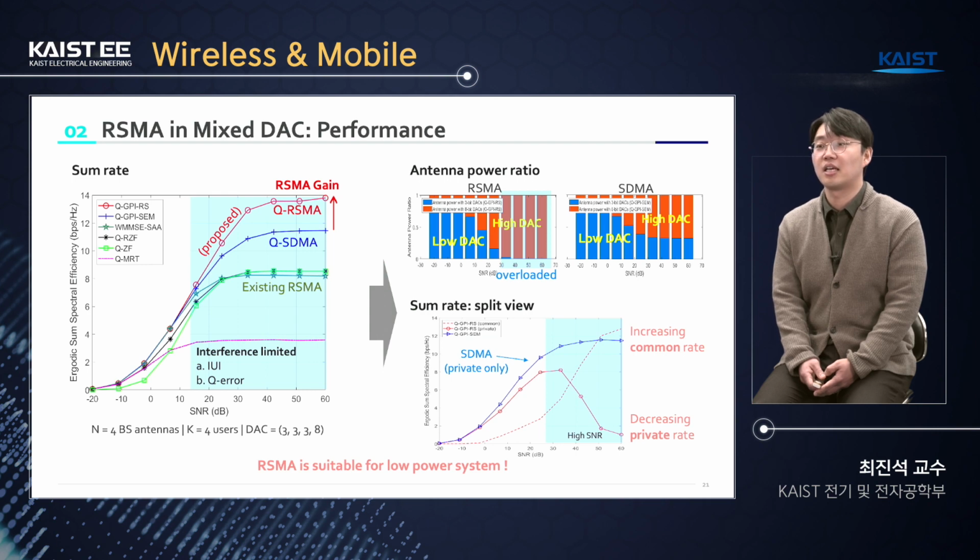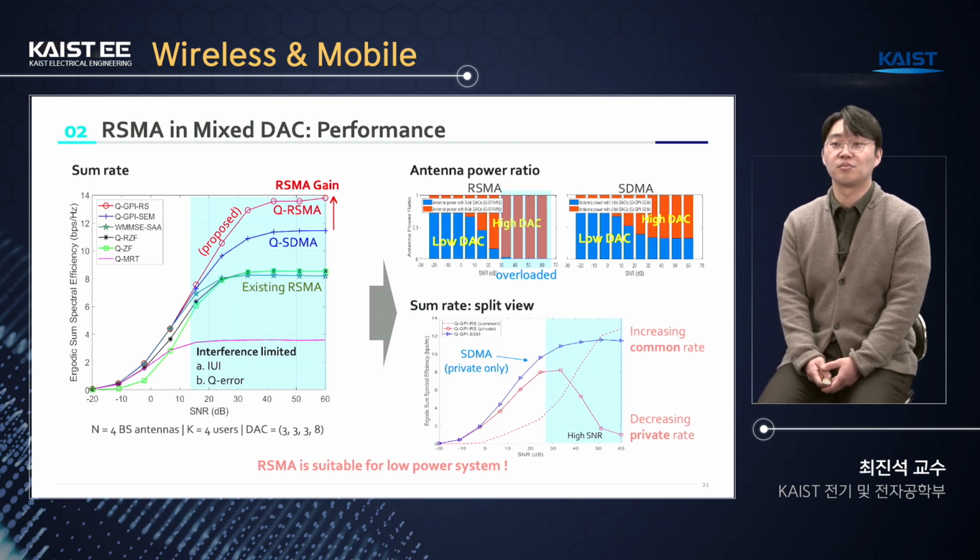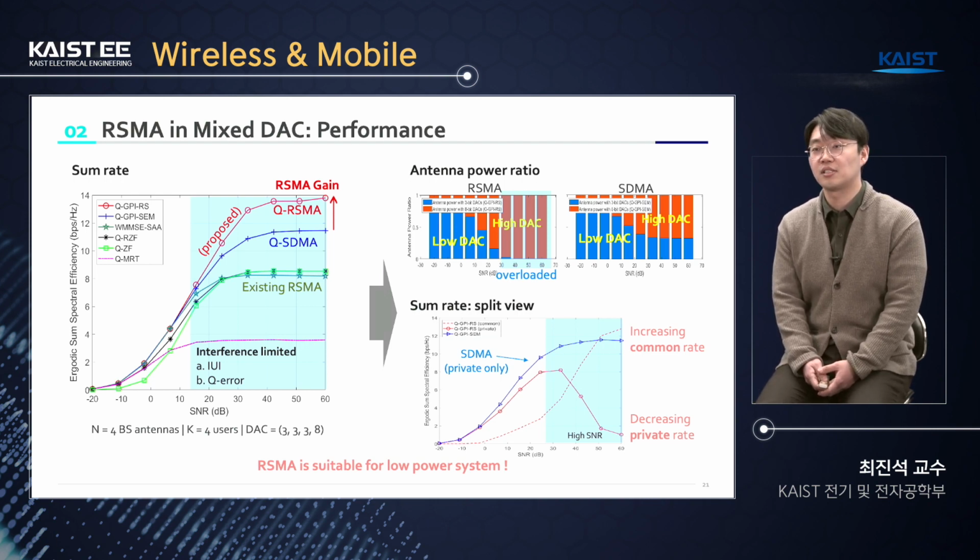But the common rate increases since it can deal with this overloaded system. So the overall sum rate is higher than the SDMA. This RSMA is a very suitable solution for this low power system, and we optimize this RSMA-based quantization system processing.